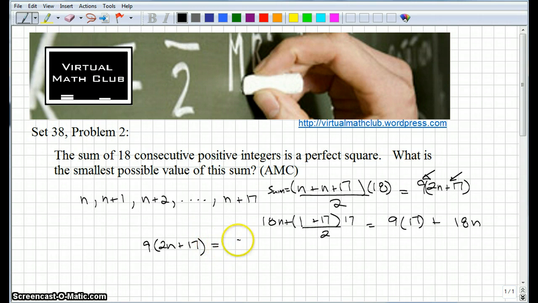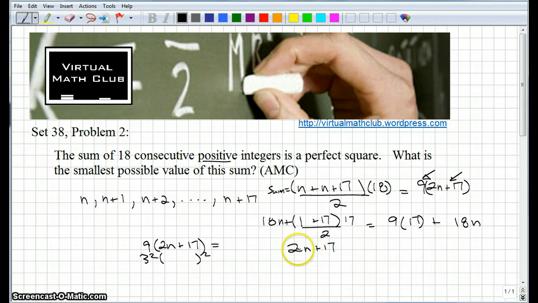It says, what is the smallest sum possible? Well, this is 3 squared, and then in order for this to be a square, this has to be something squared. So we want 2n plus 17 to also be a square. And you can see that if n is positive, and it says that these are consecutive positive integers, then this can't be any less than 17.